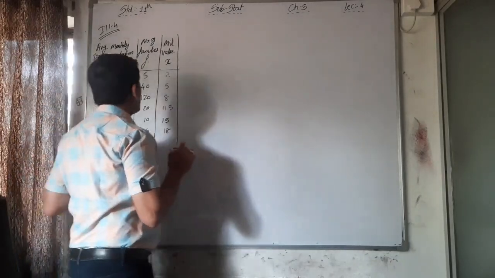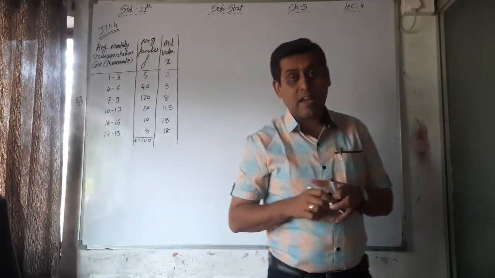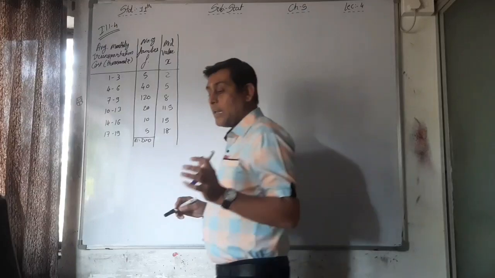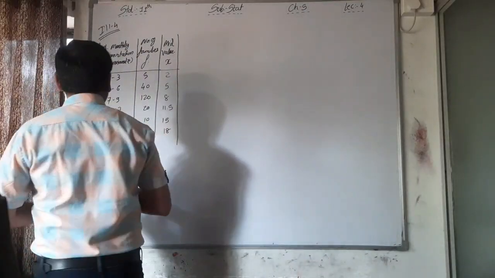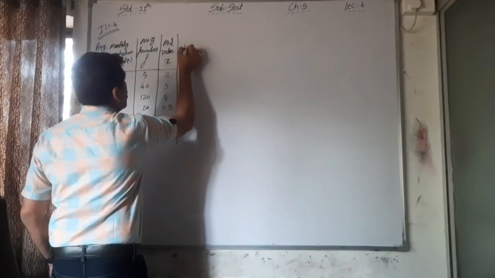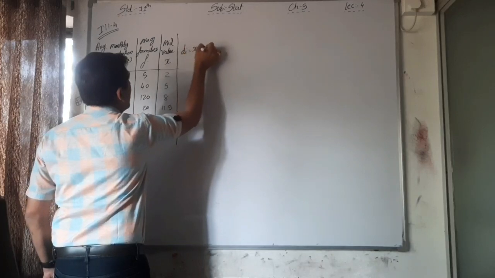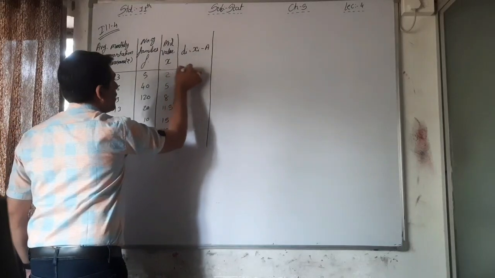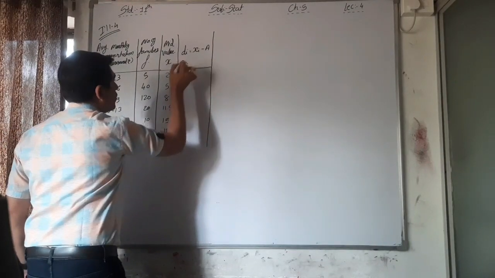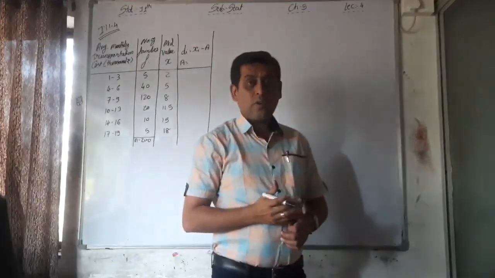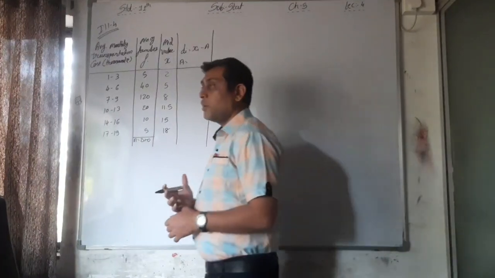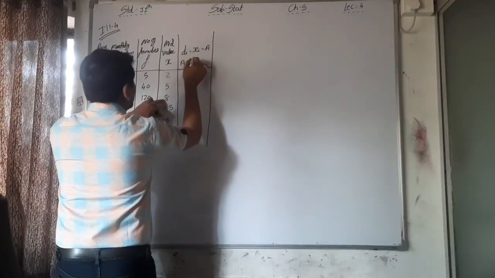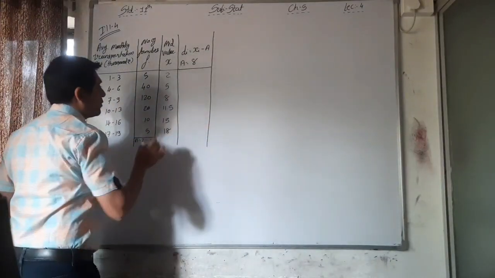Now you can use the direct method, that is fx, as well as you can use the shortcut method. Here we are using the shortcut method, but no common amount is taken. Xi minus a, and say a is equal to 8, the middle.